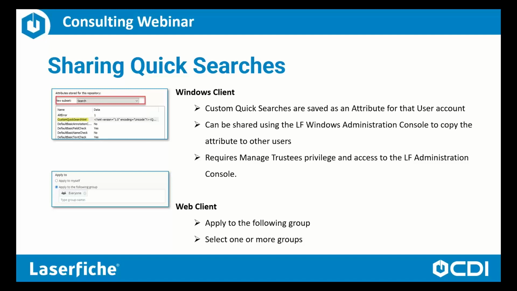This is going to require the Manage Trustees privilege and access to the Laserfiche administration console, so your end users will not be able to customize these on their own. In the web client, again, change the Apply To option to apply to the following group, and you can then select one or more groups to share the search with.